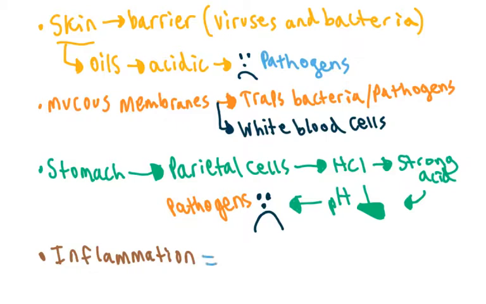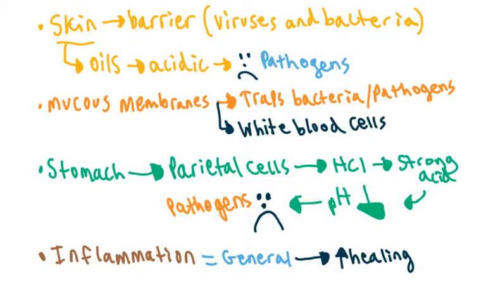The general goal of inflammation is to attract more blood, more white blood cells, and more nutrients there, so that we can heal faster. It increases healing, with just the right amount of inflammation. If something's way too inflamed, that's also not good.